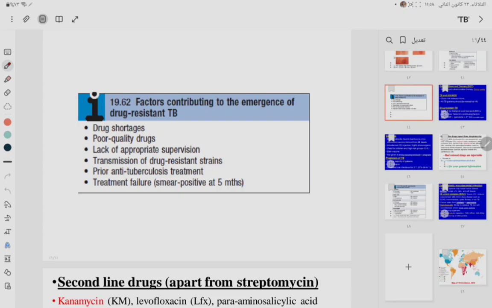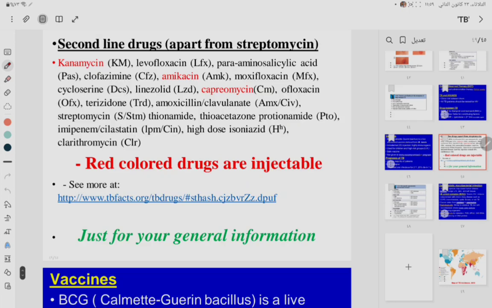Factors contributing to the emergence of drug resistance, as we said: drug shortages, poor quality of drugs, lack of appropriate supervision, which will cause transmission of drug resistant TB, and prior anti-TB treatment. Amikacin, kanamycin, gentamicin can be used. Next.